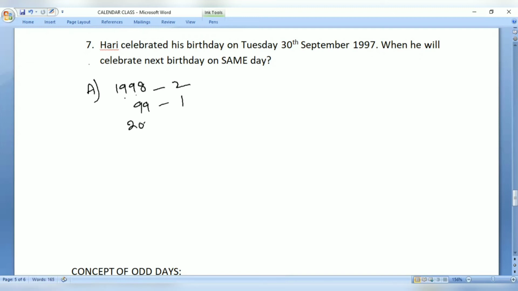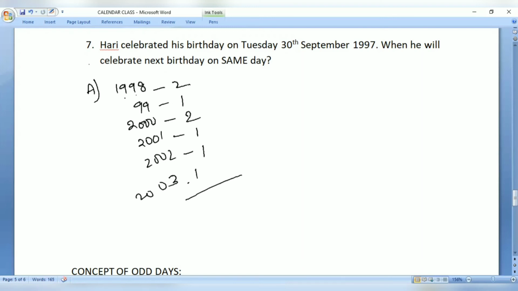Then for the year 2000, it will be 2 odd days. Then 2001, a normal year, so it is 1 odd day. For 2002, again 1 odd day. For 2003, 1 odd day.